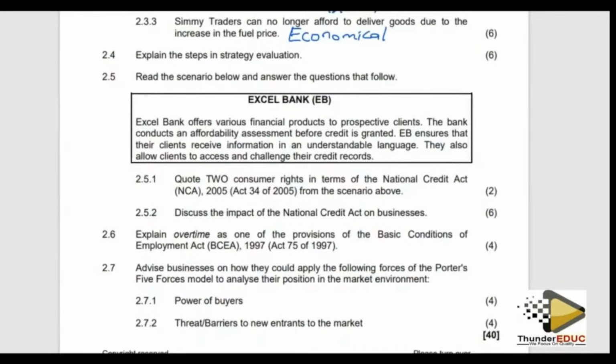So now moving on, we have National Credit Act. National Credit Act is the act that protects both the credit offering business as well as the clients who are borrowing money. This act says that before any credit offering business issues out a credit to any client, they must first check the client's creditworthiness.